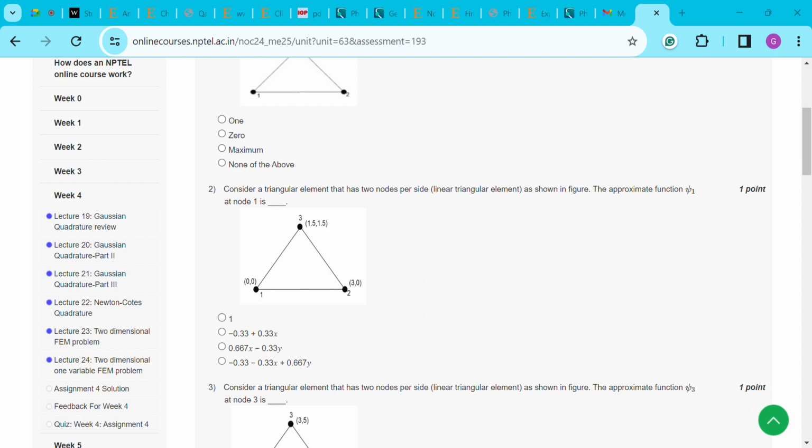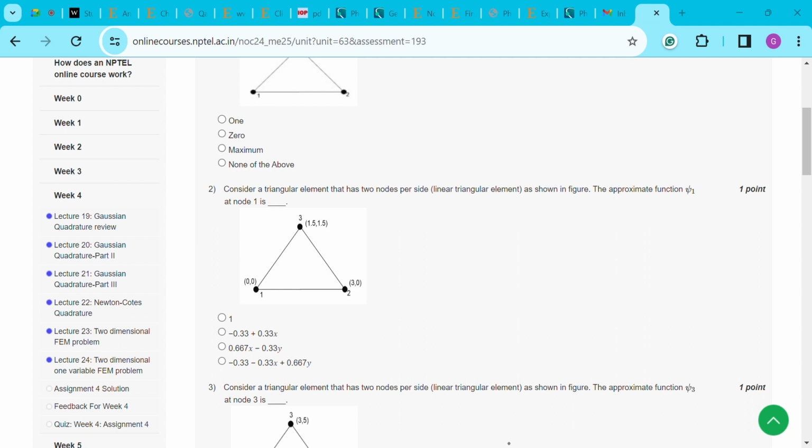If you take one element, the average error is zero for this function. But if I discretize it into two elements, it should be zero in this one and also in this one, so it would be a better solution.